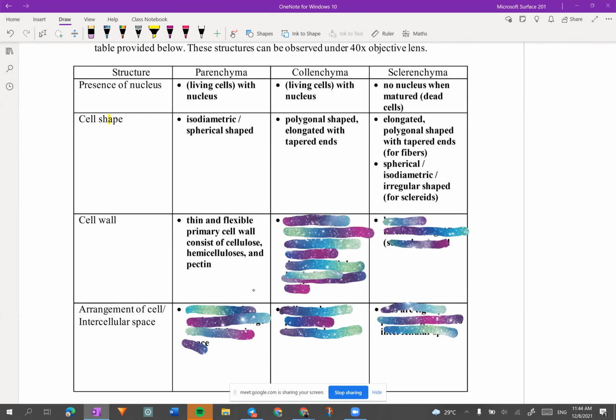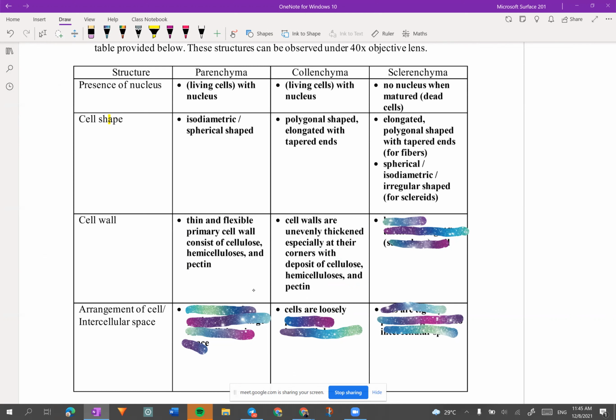Still actually considered thin sikit, tapi you kena cakap uneven thicken. Bukan, dia tak adalah totally thin. Dia thick tapi unevenly thicken. Okay. So jawapan yang paling sesuai, you letak unevenly thickened cell wall. Okay. So cell walls are unevenly thickened, especially at the corner with deposits of cellulose, hemicellulose, and pectin. So the basic stuff juga.